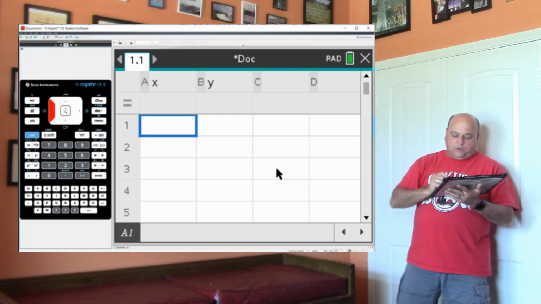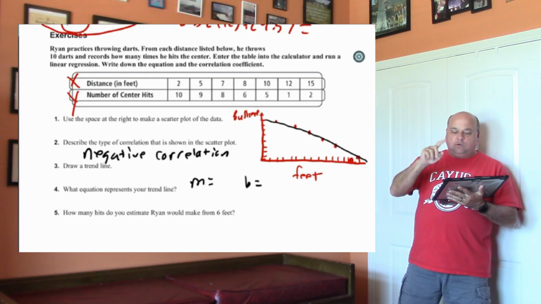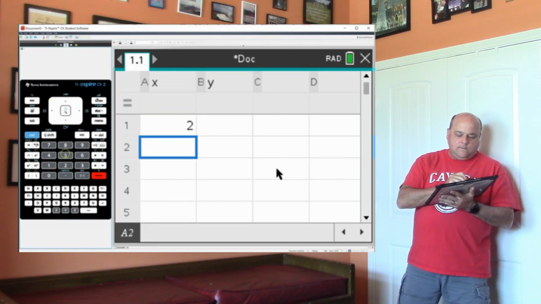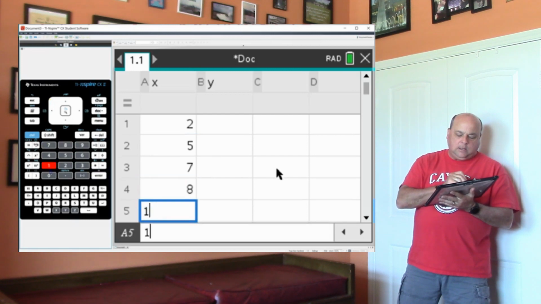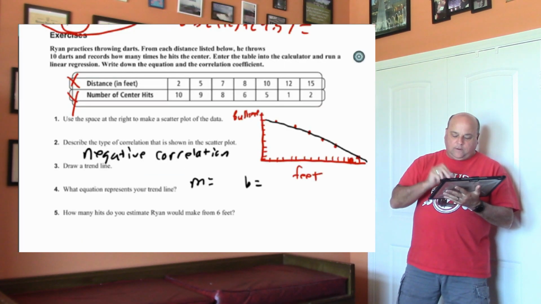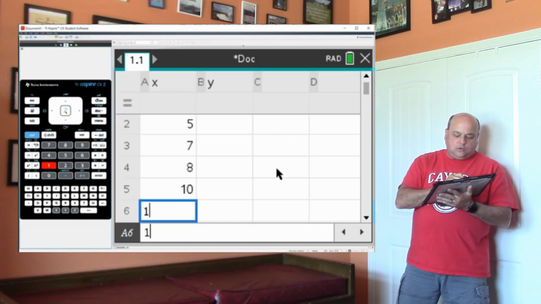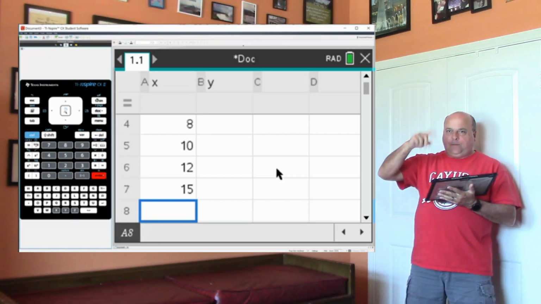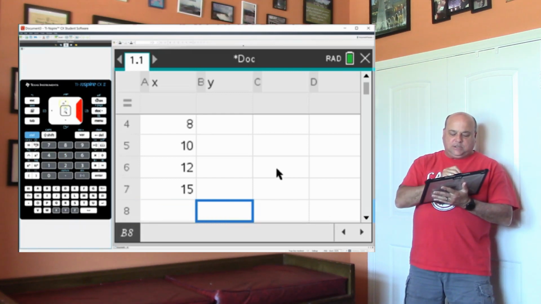Now I'm going to start putting in my data. Okay, so 2, 5, 7, 8, 10. And then I need 12, 15. Make sure the data is correct, okay? I can't go back and check it because it'll just take too much time.